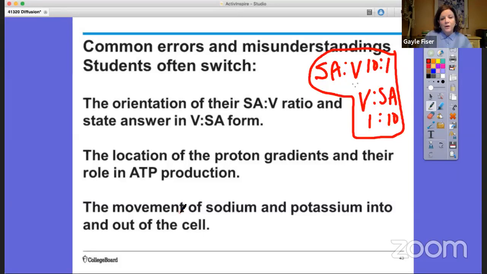Then tomorrow you will talk more about osmosis, but also the movement of sodium and potassium into the cell and out of the cell, and that sodium-potassium pump. You really don't need to know the action potential part of the cell membrane, but it's a good way to learn the role of the sodium-potassium pump in a cell.